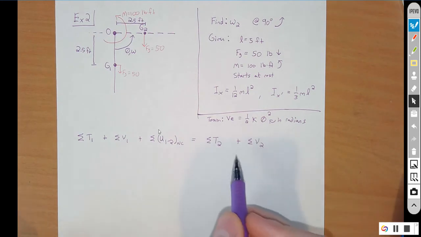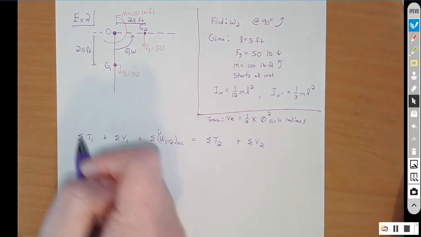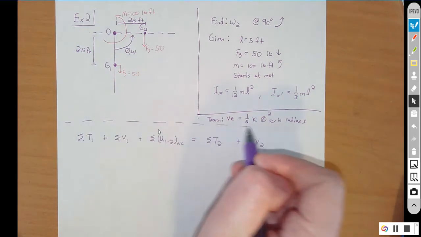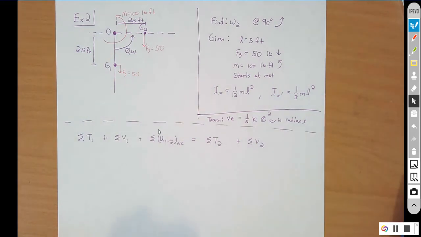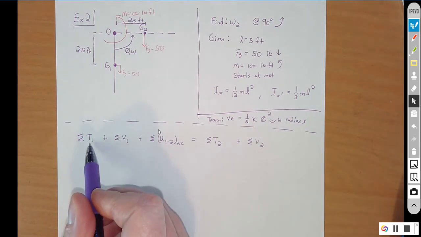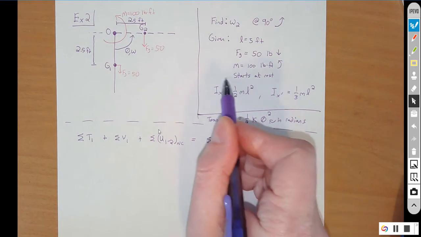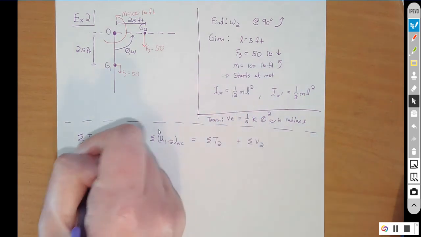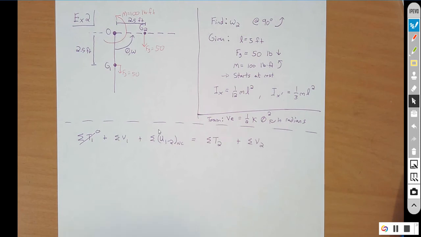All right, so let's go through here and solve our conservation of energy equation. So T1 is kinetic energy at state 1. So we start at rest, which means that this is 0. We don't have any velocities, we don't have any angular velocities, so we don't have any initial kinetic energy.